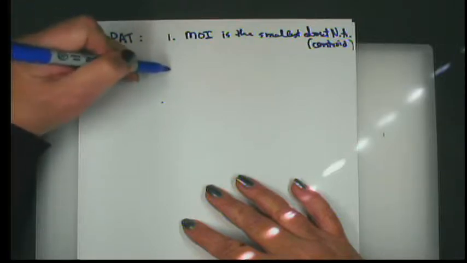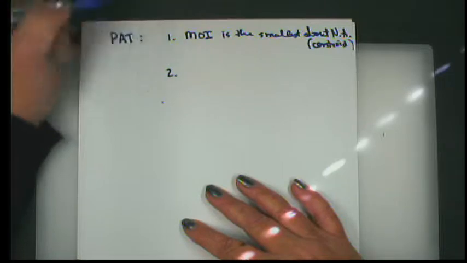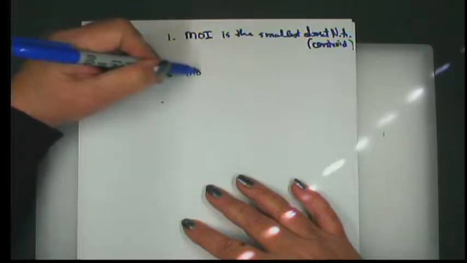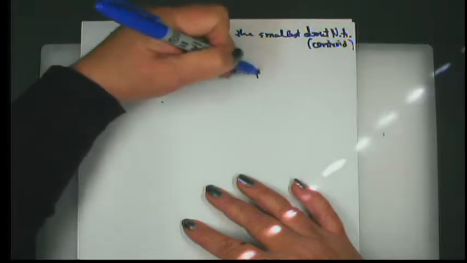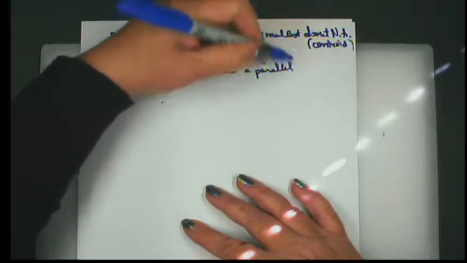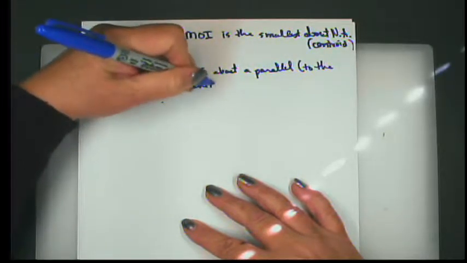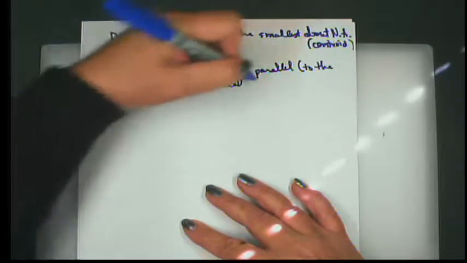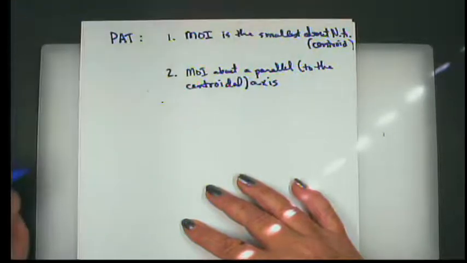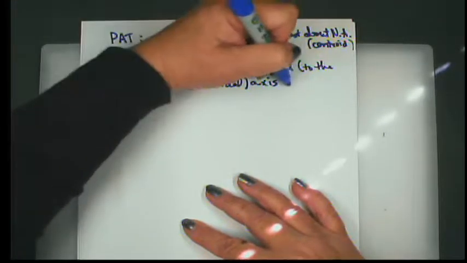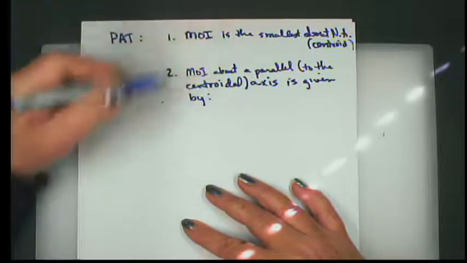And the second part of the parallel axis theorem is that the moment of inertia about a parallel axis, and when I say parallel, I mean parallel to the centroidal axis, is given by this formula.